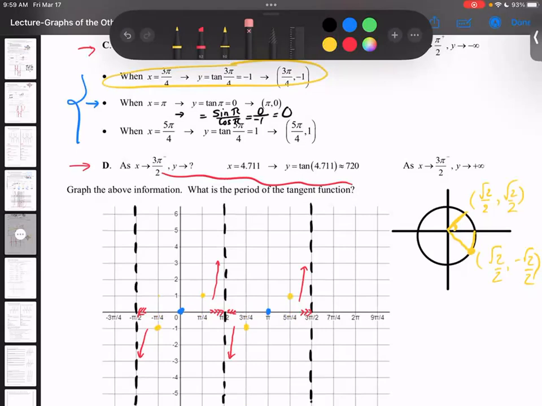Now I have my vertical asymptote, the direction of my graph, and the points that my graph is going to go through. Just connect the dots and dot in the vertical asymptote.